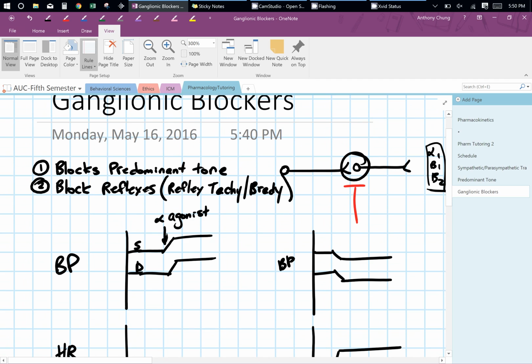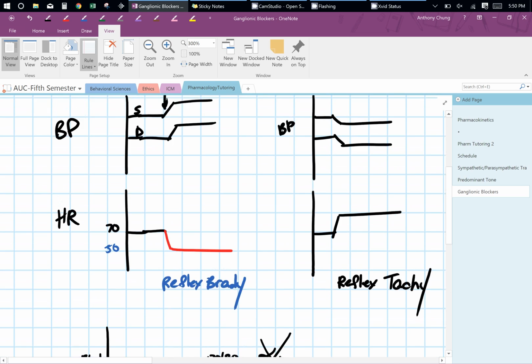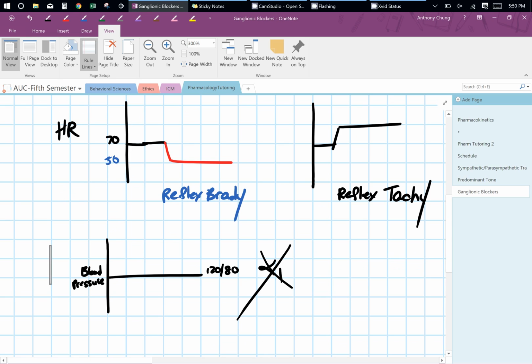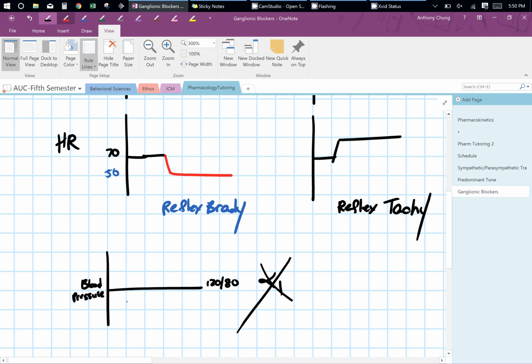Predominant tone for, okay, yeah, so I didn't mess up. All right, so alpha 1, if you block out alpha 1, what will happen? Alpha 1 usually brings your blood pressure up, but now since you gave the ganglionic blocker, it's going to go down. It's going to go down very little or a lot? A lot, okay?